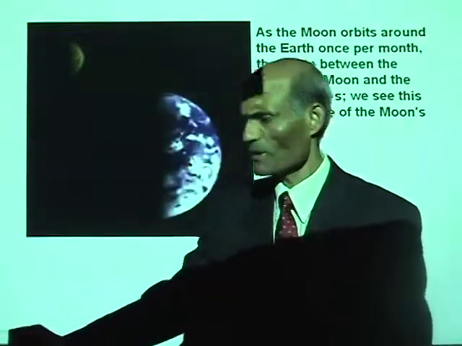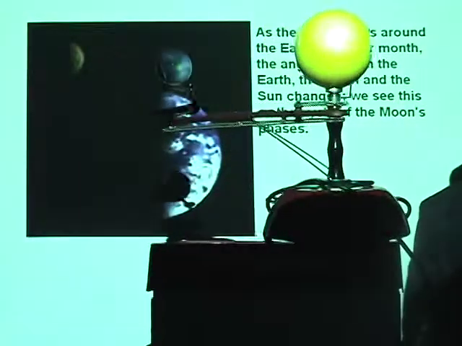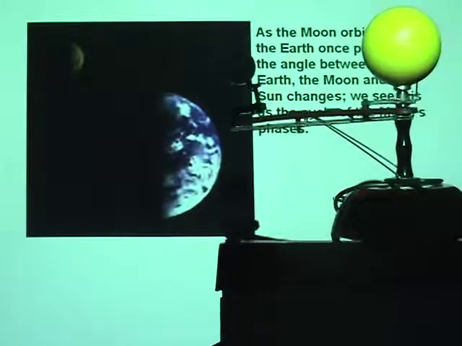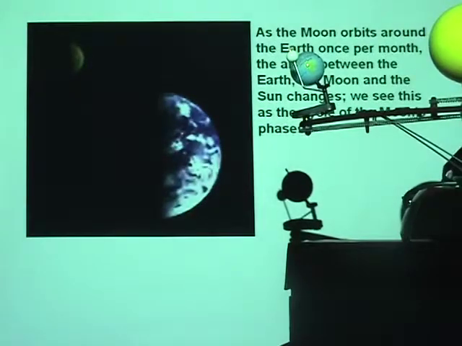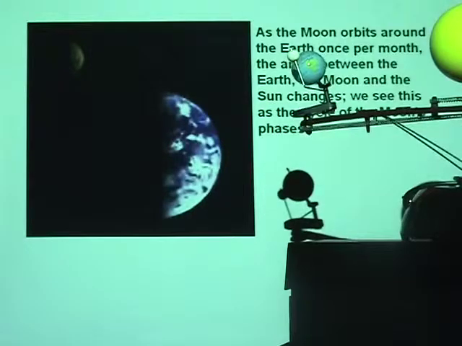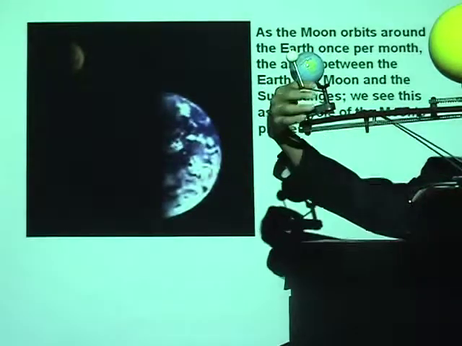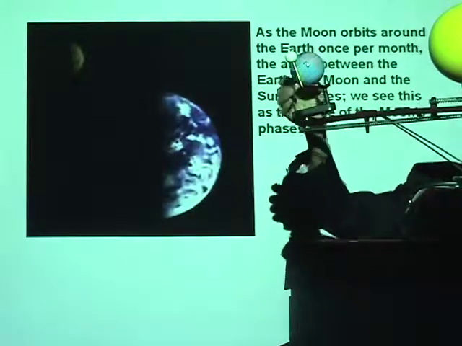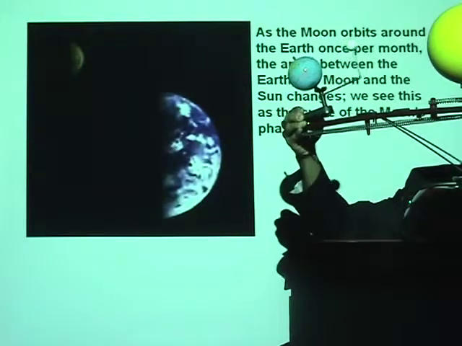Well, if I can show you, I don't know whether you can actually see it well. Let me see if I can just show you the Earth. Now, this is the Earth, and that's the moon there. And as the moon goes round, as the Earth rotates and the moon goes around, there you are.